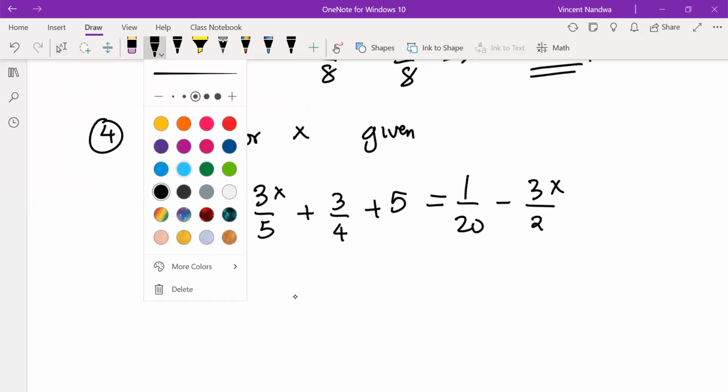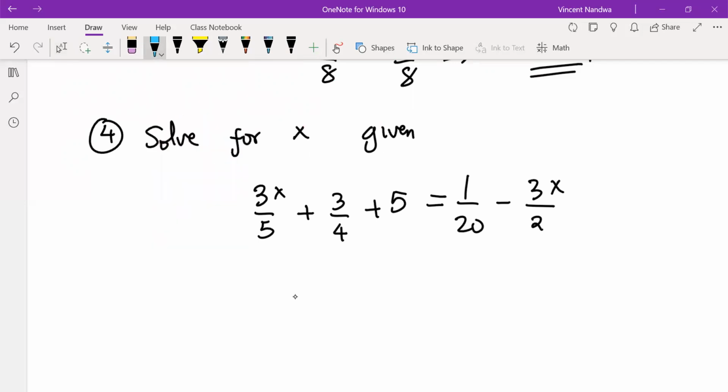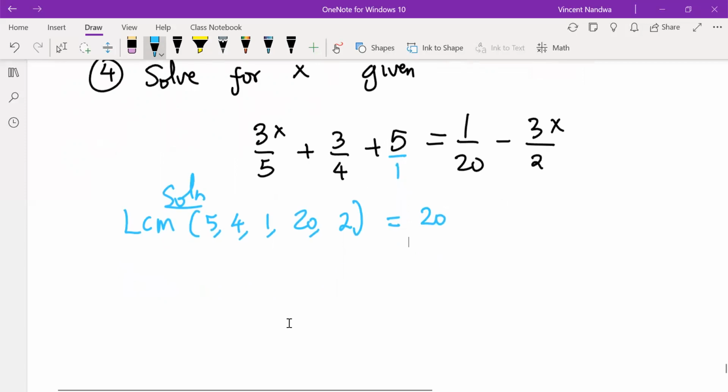The best way is to find the LCM of the denominators. So 5 can be put over 1. The LCM of 5, 4, 1, 20, and 2 clearly is 20. So multiply each term by 20.